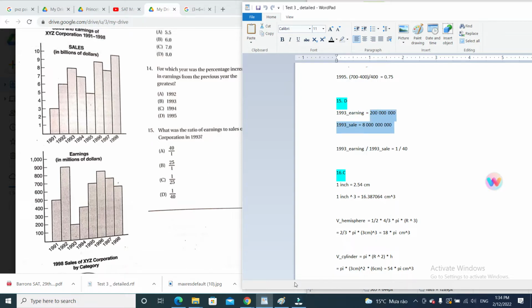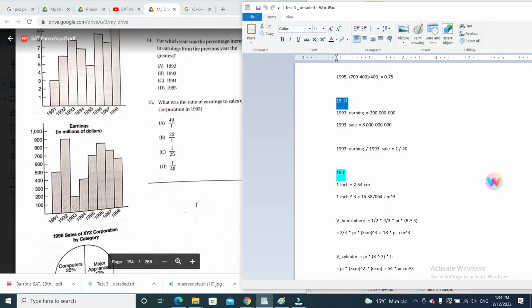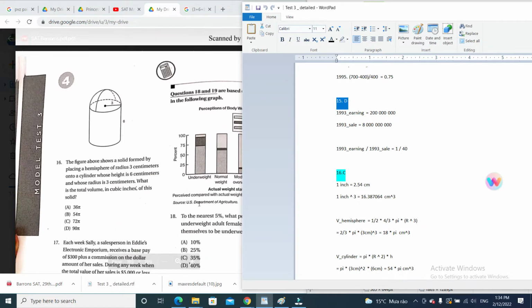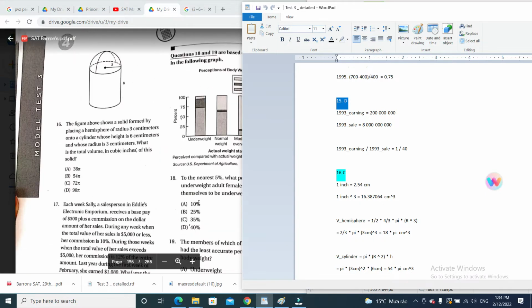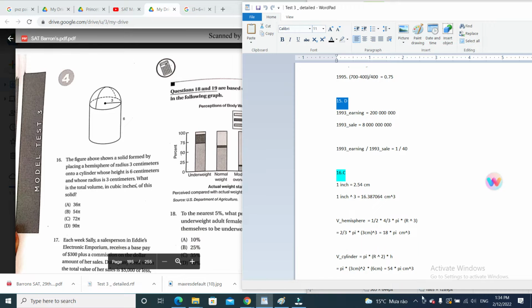So the ratio of the earnings to the sales is 200 million over 8 billion, which is 1/40. So the answer here is D, 1/40. Alright, so let's move on to question 60.